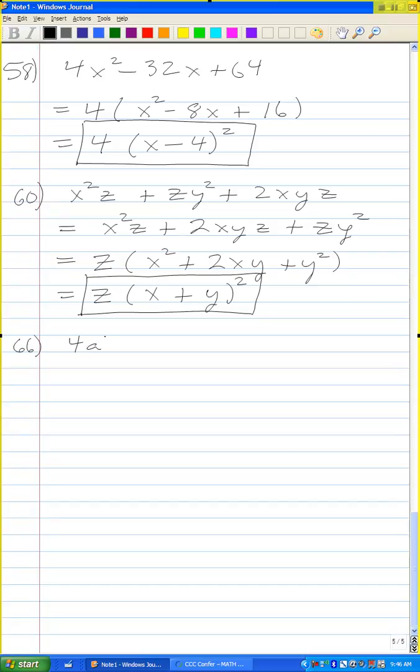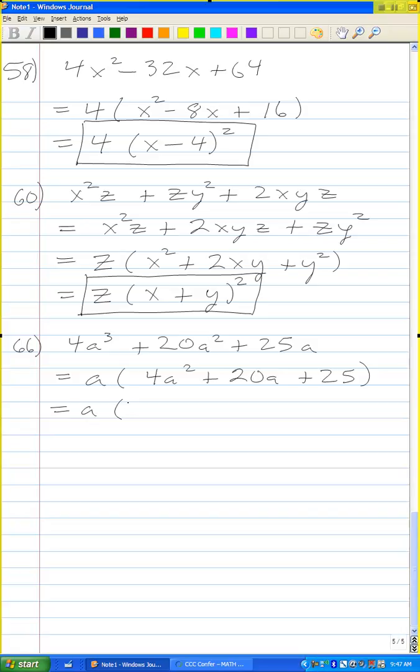4a cubed plus 20a squared plus 25a. And so this is equal to a times 4a squared plus 20a plus 25. What's in the parentheses is a perfect square trinomial.